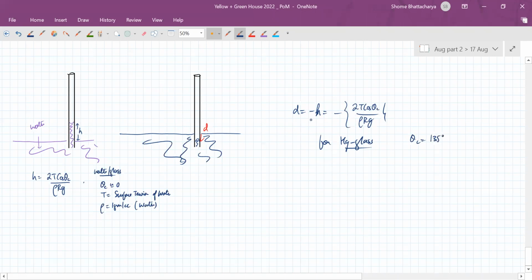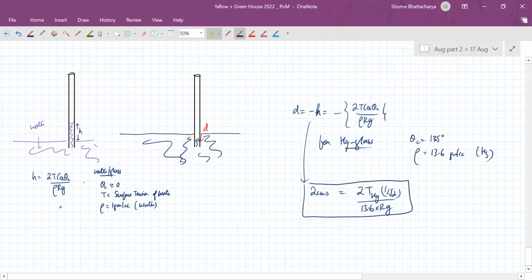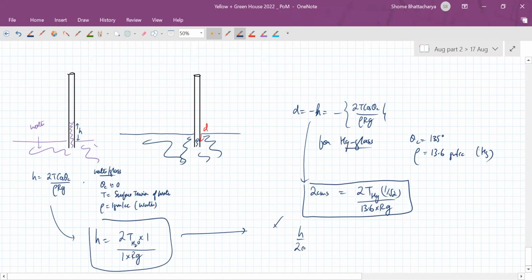Okay, so we'll have this: 2 centimeters is equal to 2 times surface tension of mercury into 1 by root 2, divided by 13.6 into R into G. Whereas for this one, the unknown height is 2 times surface tension of water into 1, because cos theta will become 1, divided by density of water, which is 1 gram per cc, into R into G. So comparing these two equations, H divided by 2 centimeters is equal to the ratio of the surface tension of water to surface tension of mercury into root.